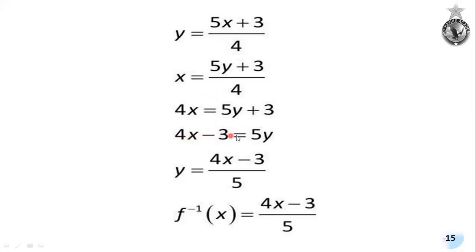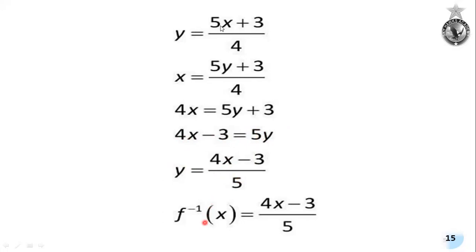So 4x - 3 is equal to 5y on the right as it is. From here, we are going to find the value of y, dividing both sides by 5, and we will get y all alone on the left hand side. This 5 is dividing the right hand side coming from here.